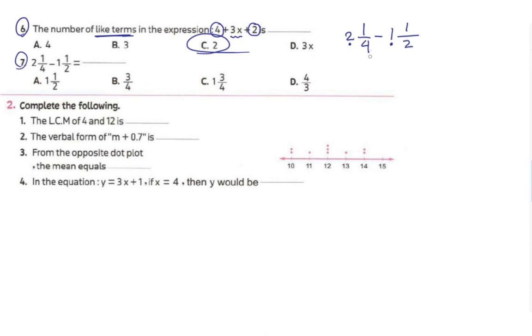No. So this denominator is not like that denominator, okay? And to subtract fraction minus fraction, they must have the same denominator, 4 and 4 or 2 and 2. So I need to change one of them to the other, maybe 4 and 4 or 2 and 2.